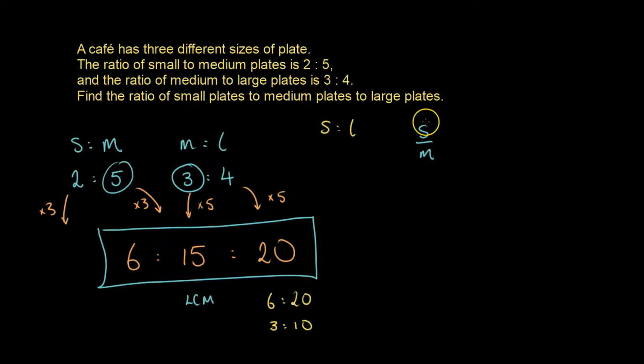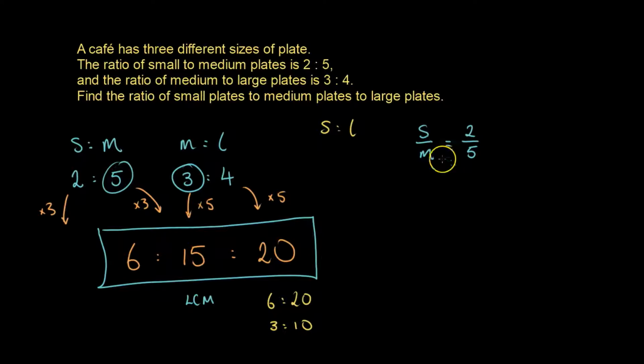So this is the number of small plates that I have divided by the number of medium plates that I have, and that simplified down becomes 2 over 5. It becomes that fraction. So I could have 6 small plates and 15 medium plates, and simplified down, that fraction would be 2 over 5, because that's the relationship between these two numbers.